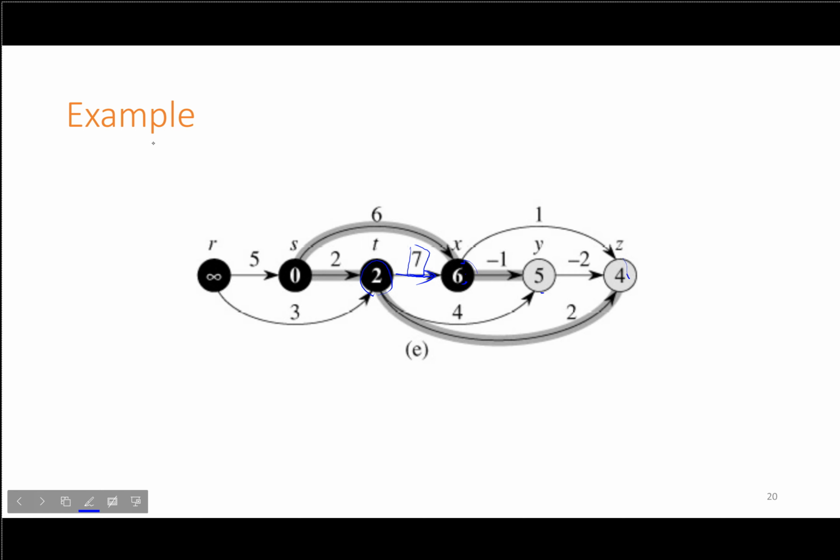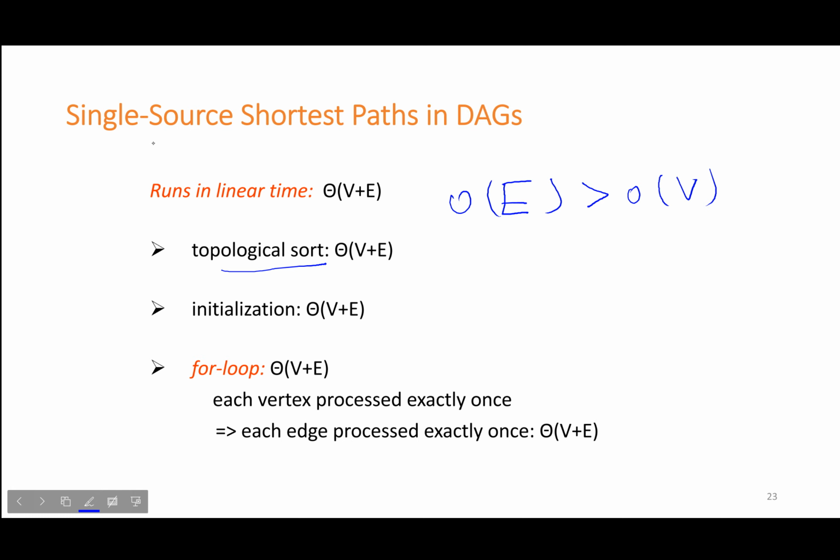another vertex. Okay, and the shortest path in the directed acyclic graph needs a topological sort, which takes V plus E, and initialization is V plus E, and the for loop is V plus E. And depending on most cases, O(E) is in the asymptotic order larger than O(V), right? So for this reason many chapters, many textbooks, just use O(E) to represent it.